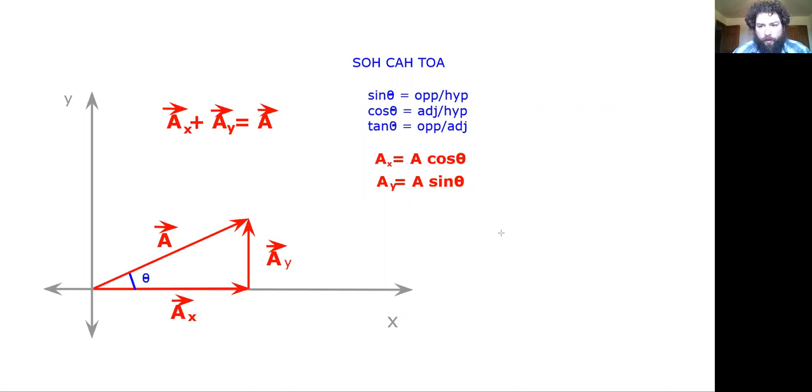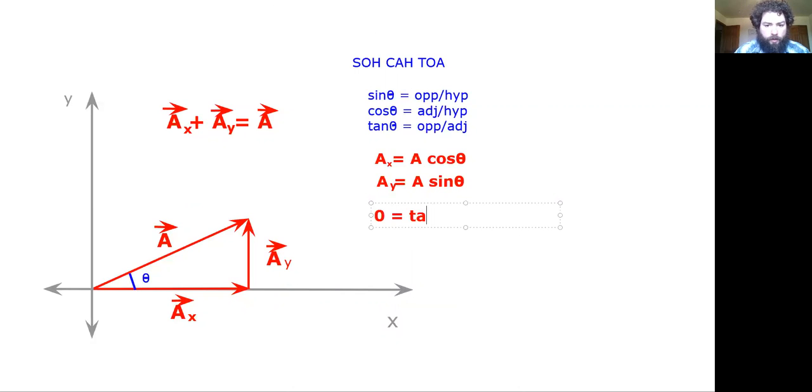So if we want to go backwards, if we want to find this angle here, and all we know is AX and AY, then we know the opposite and adjacent sides. So to find the angle, we'll have to take the tangent.